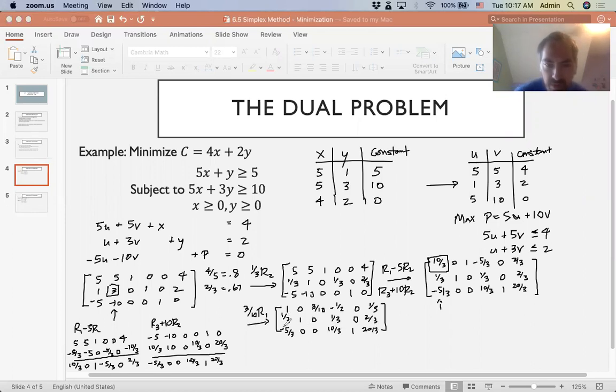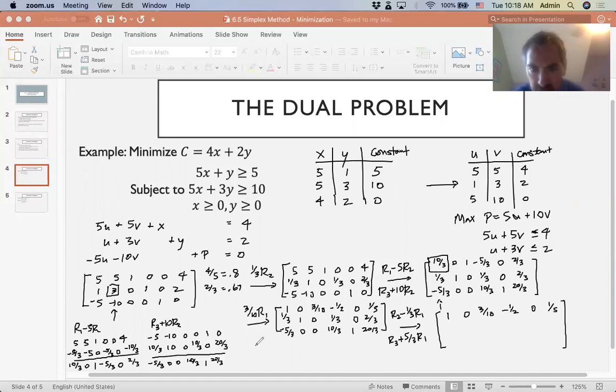Now we want the 1/3 and the negative 5/3 to become 0. That can be accomplished by taking row 2 minus 1/3 times row 1, and row 3 plus 5/3 times row 1. So row 2 minus 1/3 row 1. Row 2 is 1/3, 1, 0, 1/3, 0, 2/3.